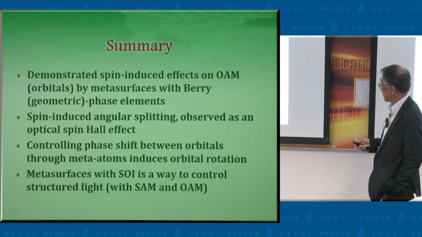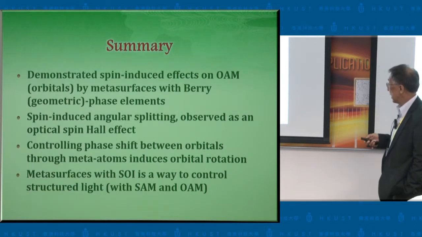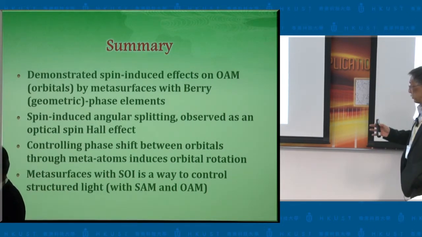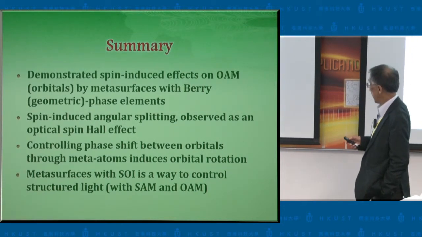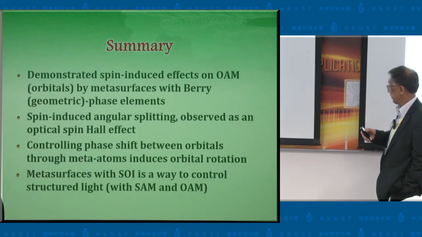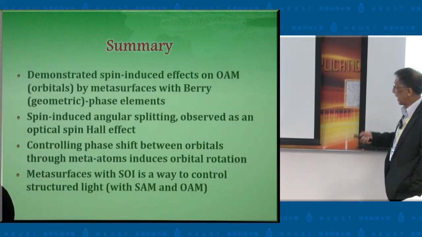And so what you're seeing here is a clear control of the optical spin Hall effect. That allowed you to do a design, and eventually, in terms of application, you could introduce the desired degree of polarization and splitting as you wish.